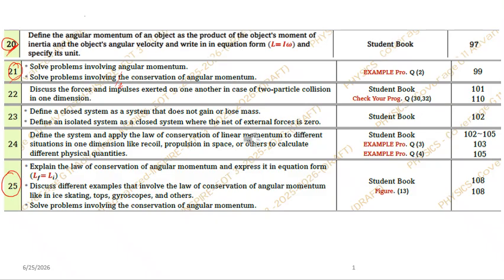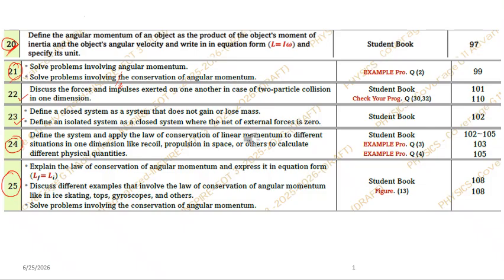Some are connected with the calculation, some with the definition and concept checking. Question number 22 is connected with the impulse. We already discussed that. Question number 23 is connected with the closed and isolated system. It's an easy question. And question number 24 is connected with the conservation of momentum.